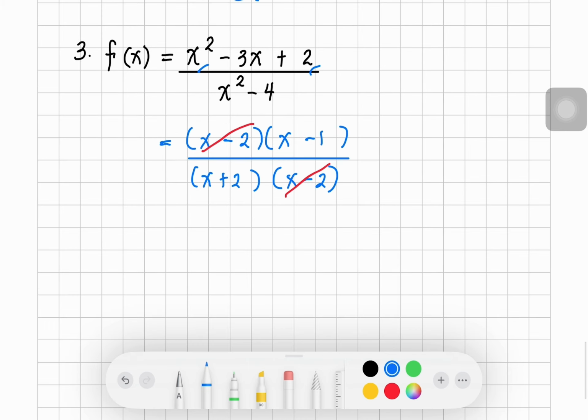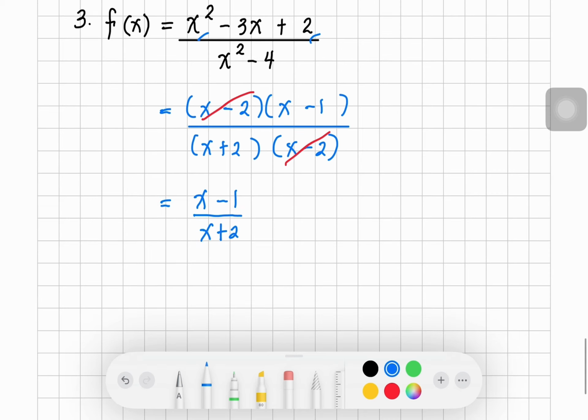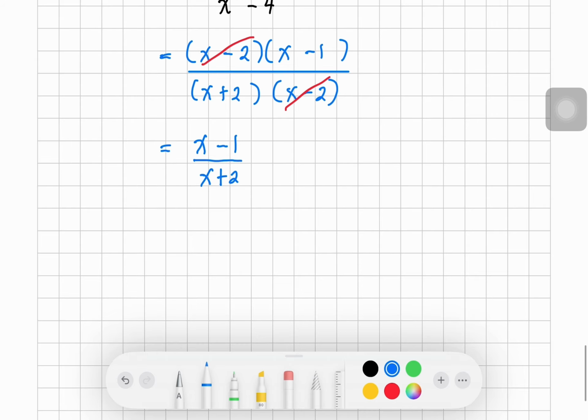So it will give us a new function, which is x minus 1 over x plus 2. Dito, i-equate na natin yung numerator, which is x minus 1, by 0. So x minus 1 equals 0.